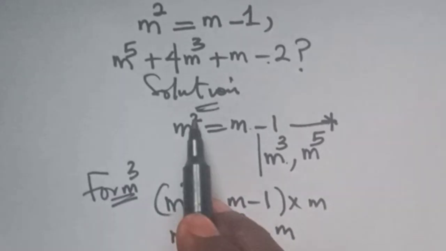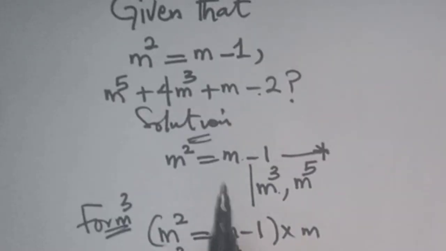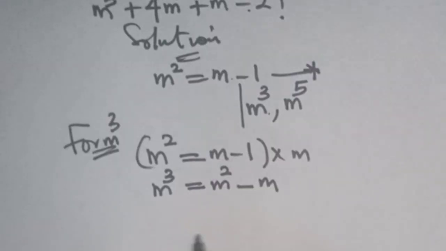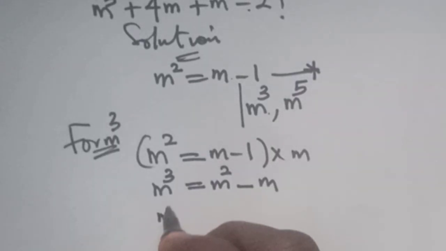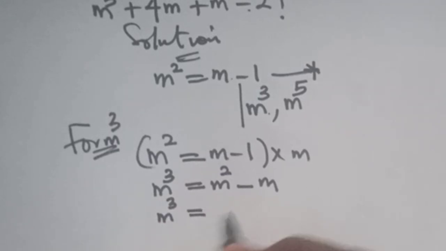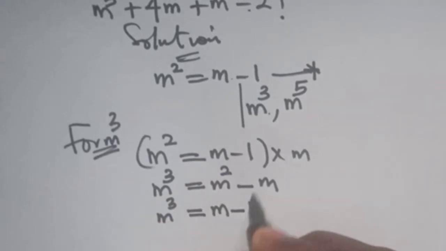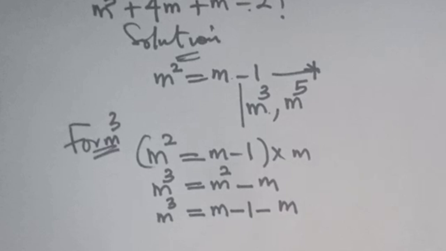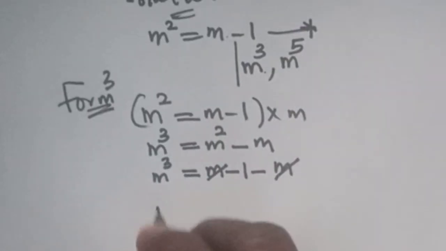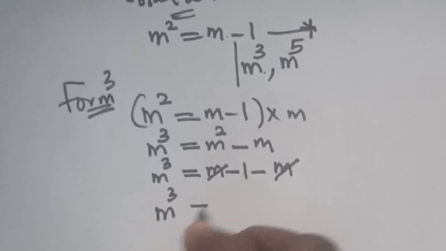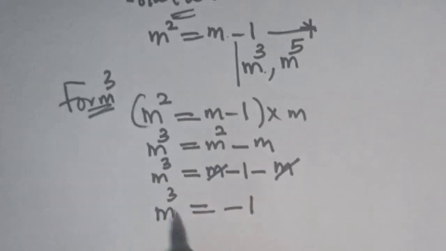But m to the power of 2 equals m minus 1. If you substitute that value, m to the power of 3 therefore will equal m minus 1 minus m, so that m can cancel out. m to the power of 3 therefore will equal minus 1, and this is the value for m to the power of 3.